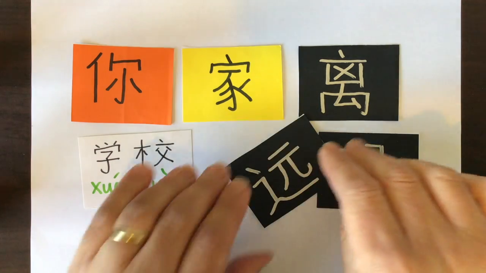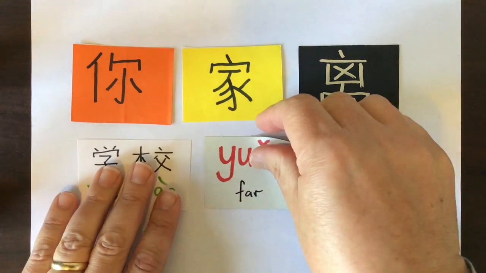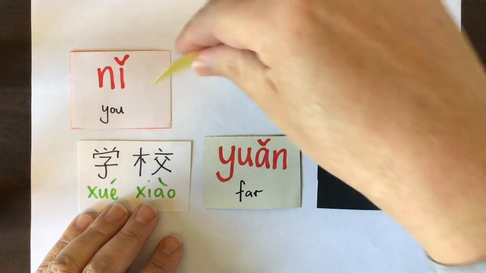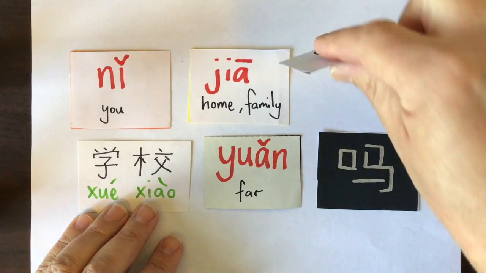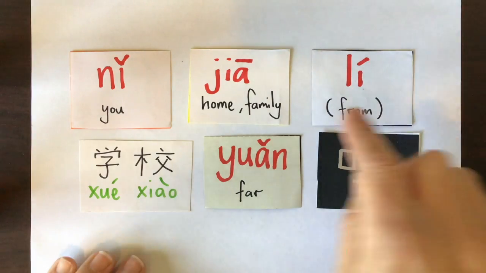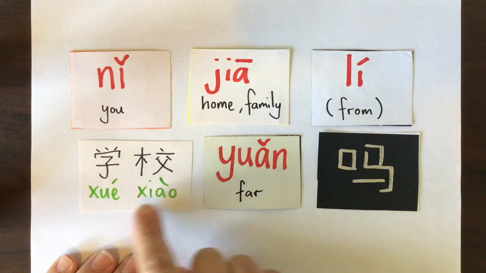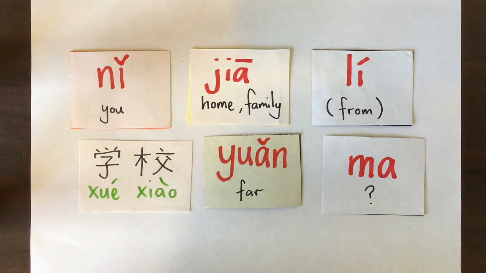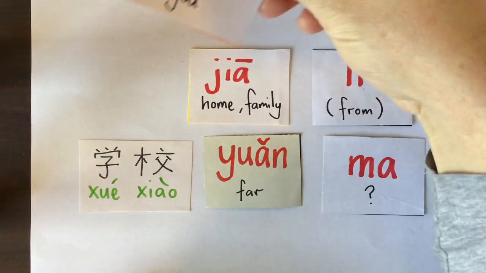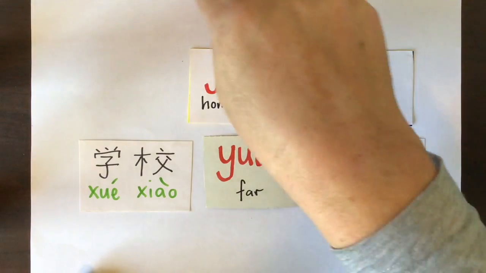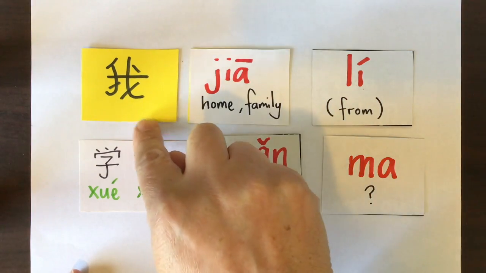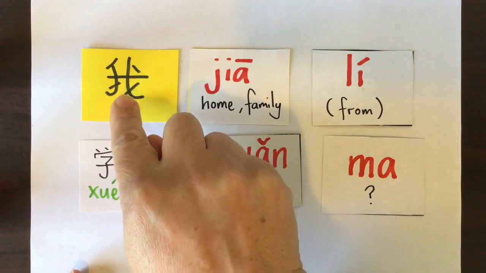Let's take a look at that in the pinyin and English so you can see how that is read. So 你家里学校远吗? To answer this, all you need to do is replace a couple of words. Let's replace 你, because someone's already asked this. If you're the person answering, you're going to need 我 for me or my.